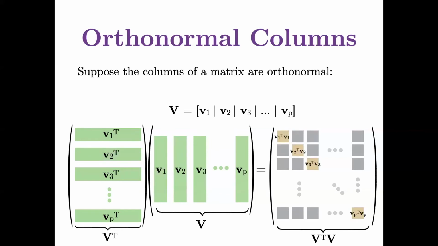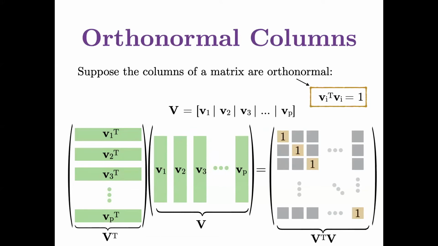And I hope you can see the pattern here, that the diagonal elements of V transpose V will always be created by taking the inner product of the vectors with themselves. And using the fact that the columns are orthonormal, I know that all of those inner products should equal 1.